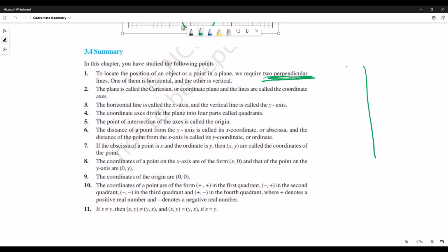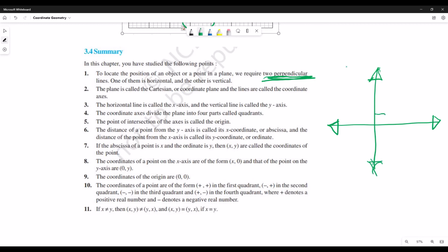If these lines are not perpendicular, it will be very difficult to locate the point in a plane. It is very easy to do this when the lines are perpendicular. So to locate a point in a plane, we have to take two perpendicular lines. This is a very important mathematical concept, right?